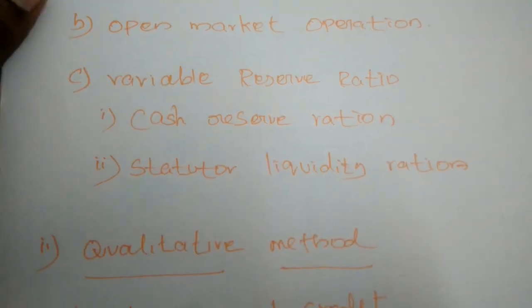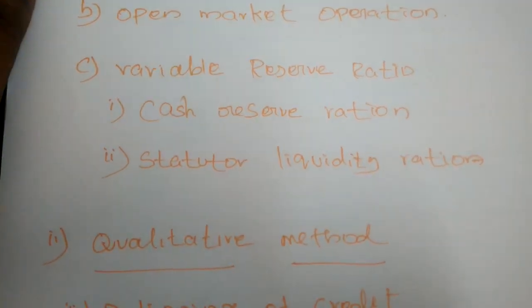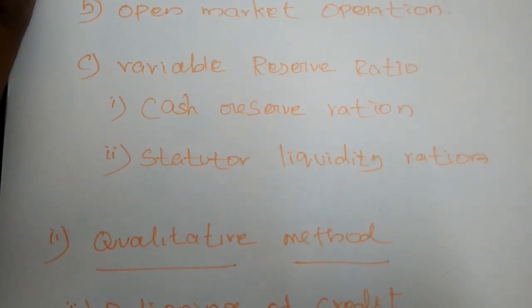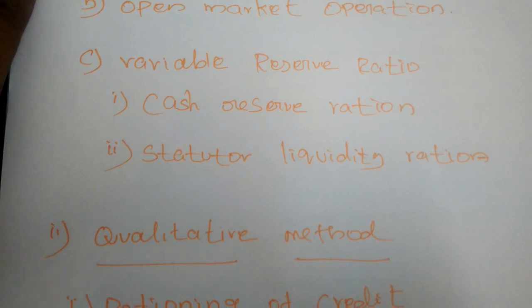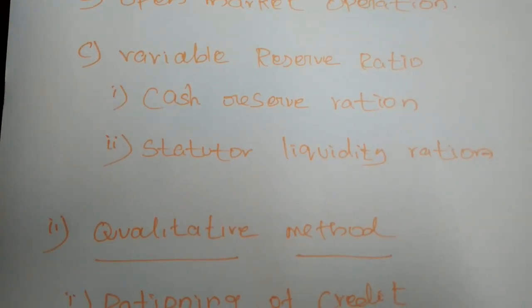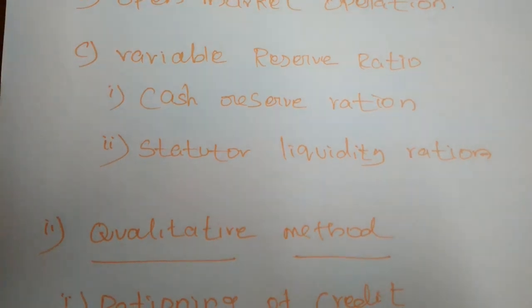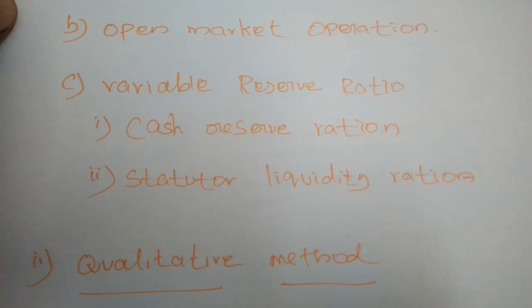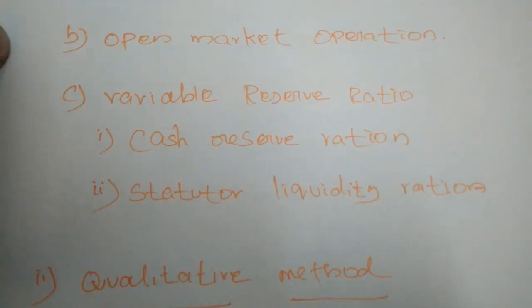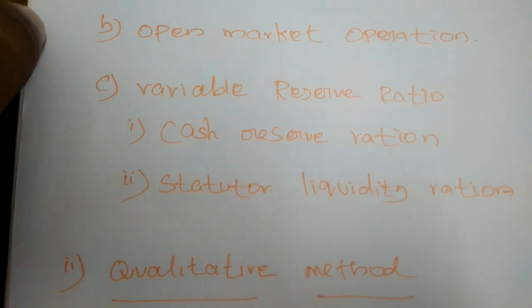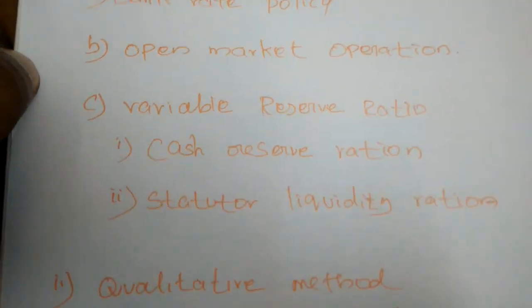For example, if the property of one commercial bank is just 100 crores, then out of the 100 crores, that bank must submit a ratio of some amount. For example, 30 crores must be submitted to the Reserve Bank of India as reserves.